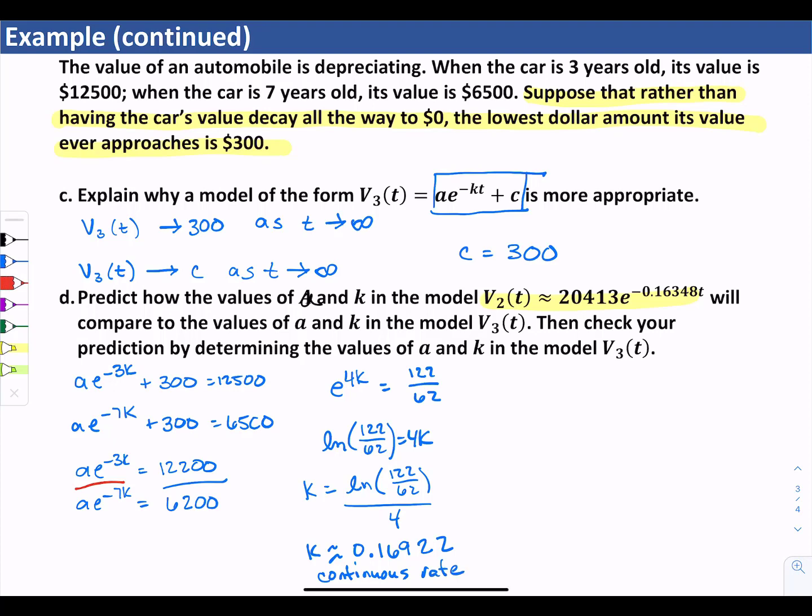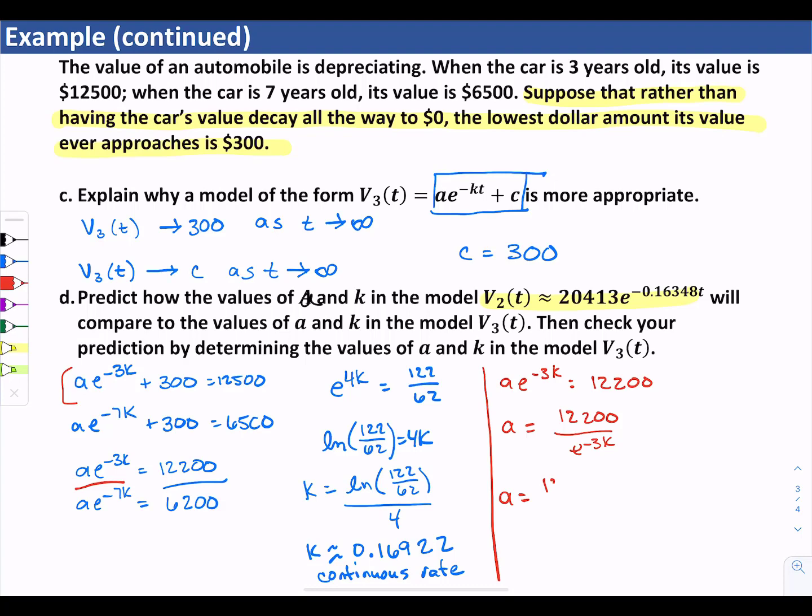And once we have our k value, we can go ahead and find our a value. So I'll use the first equation again. First, subtract 300 from both sides. So ae to the negative 3k equals 12,200. And then if we divide both sides by e to the negative 3k, we'll get our exact value for a.